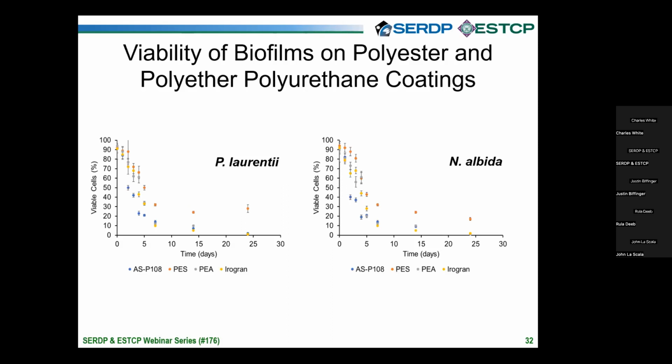And the results are shown here. These results are actually consistent with the CO2 results: even as the coating is being actively degraded, and of course we expect the cells to be actively respiring during that period, the viability of the biofilm is actually dropping. And only on succinate-based coatings do we observe approximately 30% biofilm viability after 25 days. On the other coatings, we observe almost no viability of the biofilm.